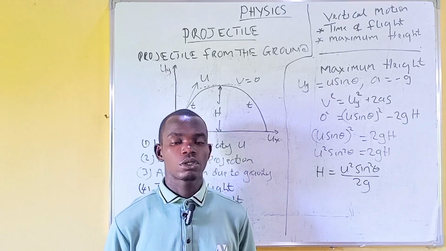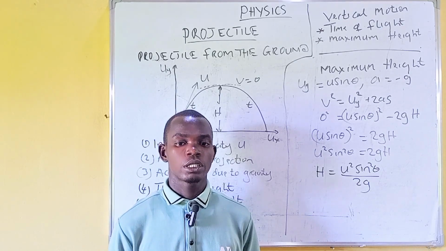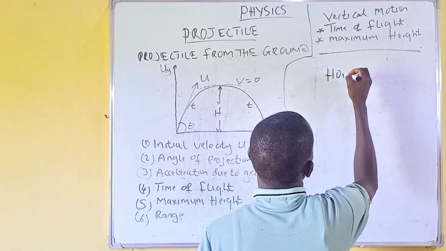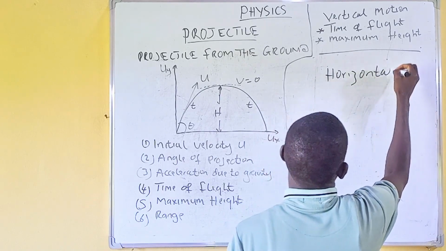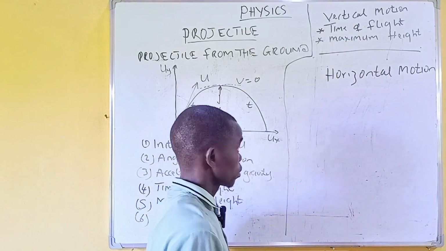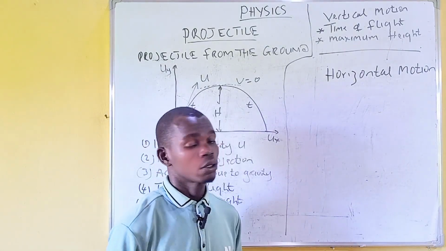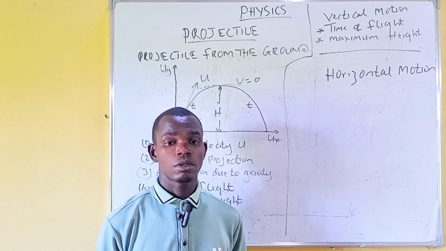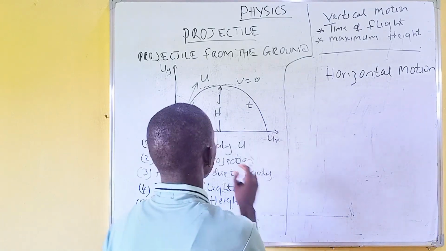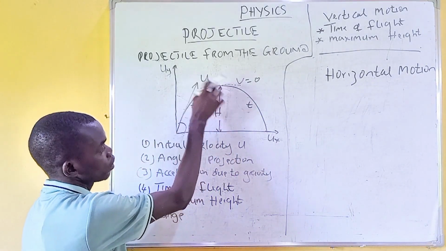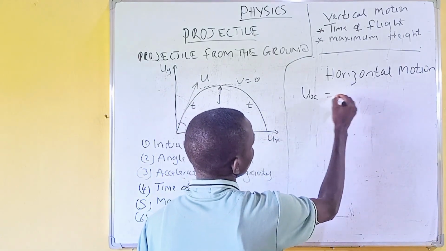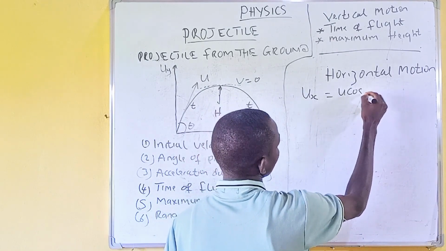So we will consider the horizontal motion, where range can be derived. Horizontal motion is only considered when you are finding the range in a question. So if we resolve this initial velocity to the horizontal, the horizontal component will be equal to u cos theta.